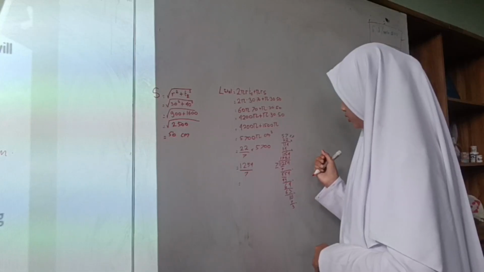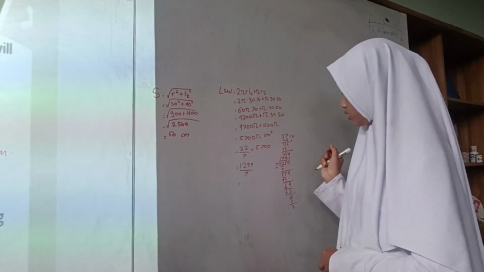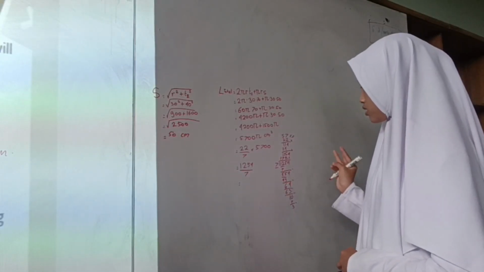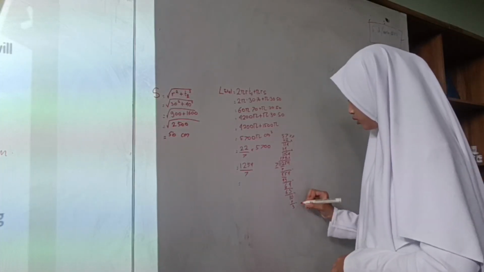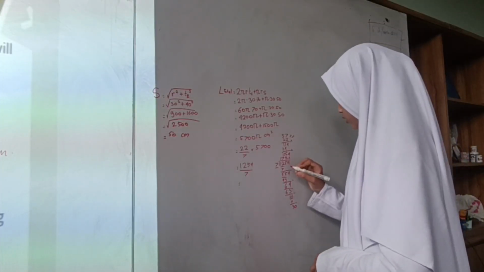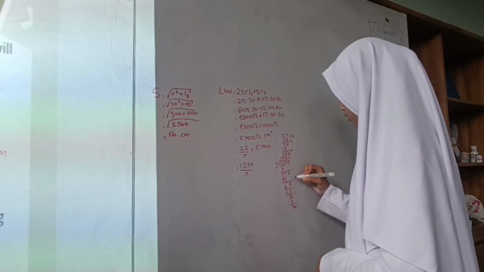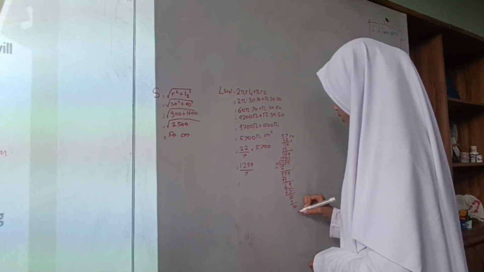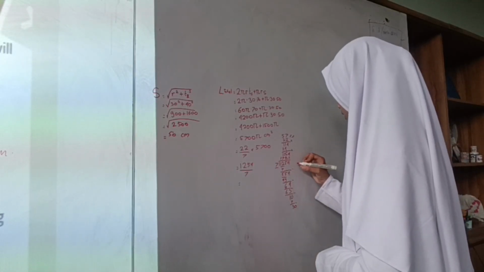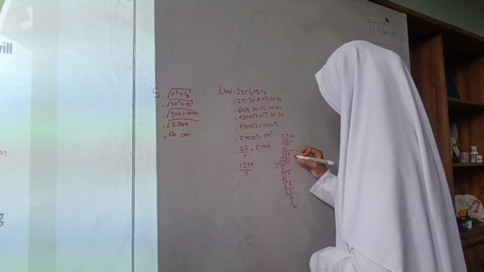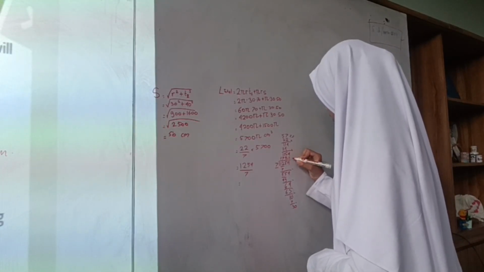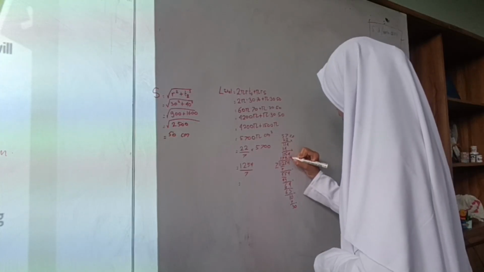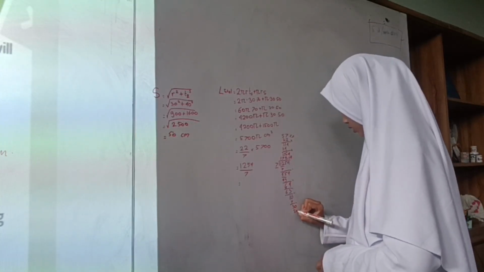To find the numbers behind the comma, we must find at least three numbers behind the comma. So we must divide 30 with 7, which is 7 times with 4, which is 28.